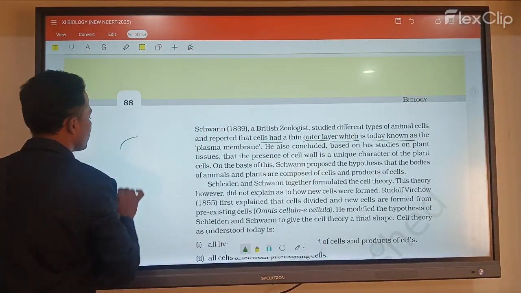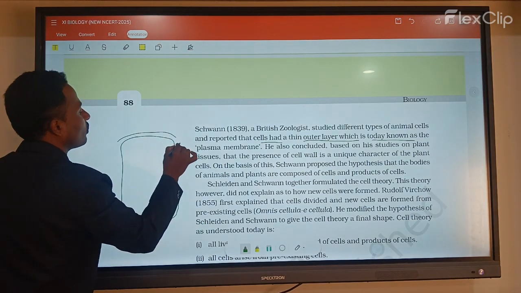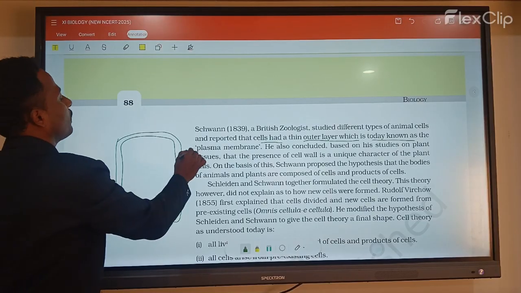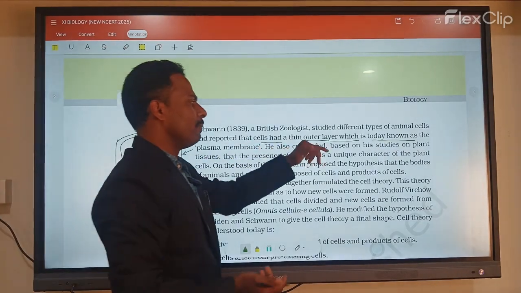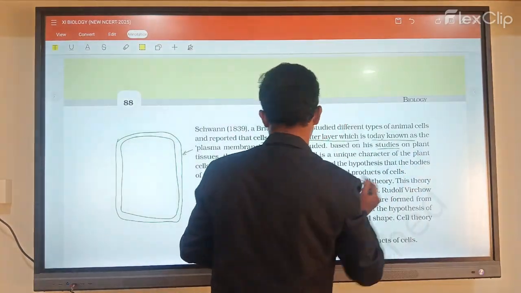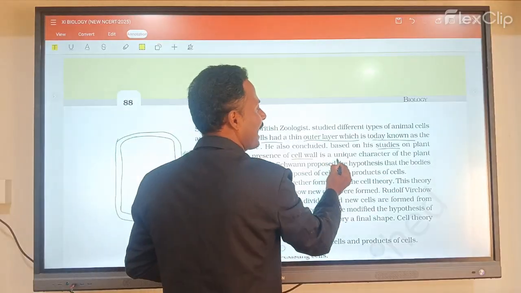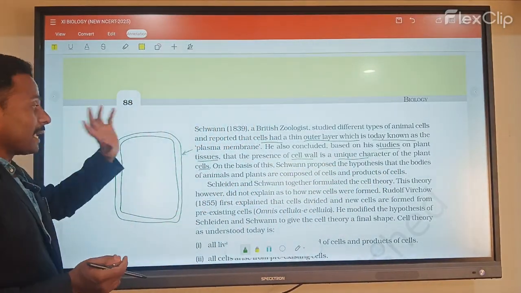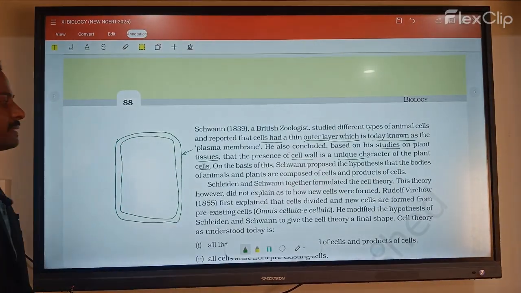One particular cell has a layer-like structure, which is called the plasma membrane. Based on his studies of plant tissues, he concluded that the presence of the cell wall is a characteristic of plant cells.